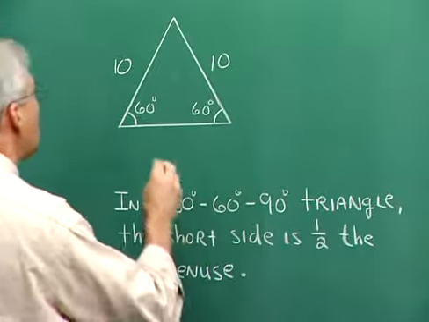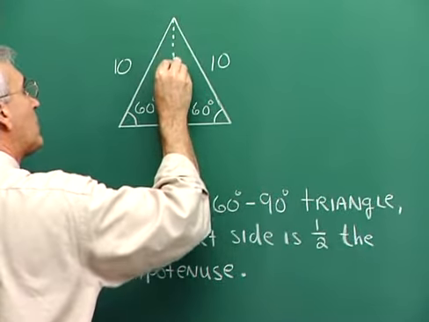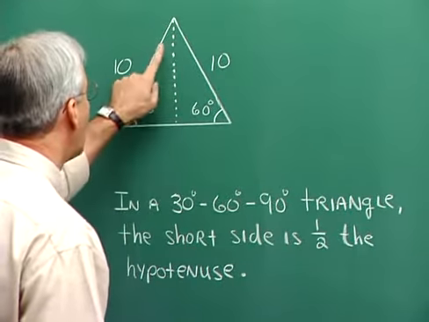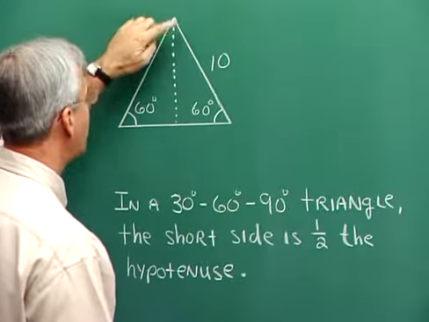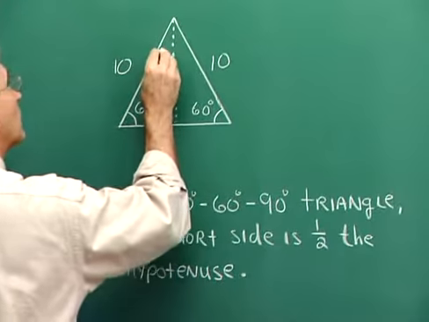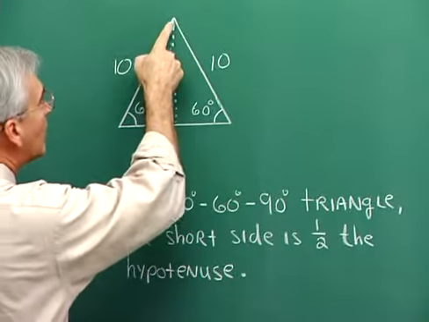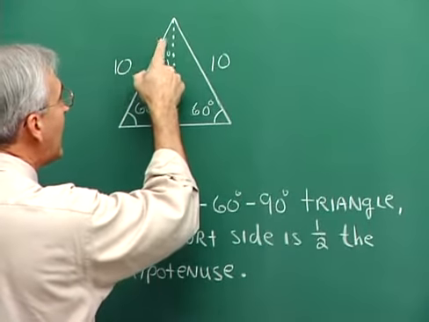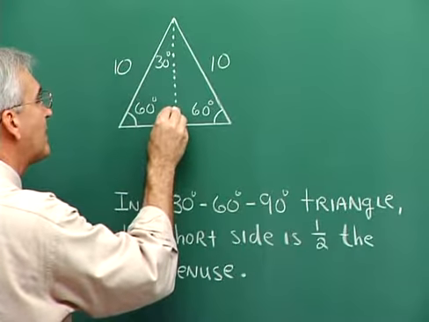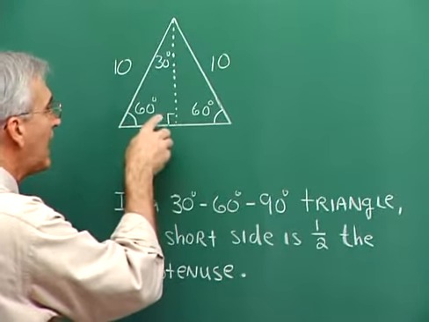But here's what I'm going to do. I'm going to take this angle up here, and I'm going to divide it into two equal pieces. It's called bisecting. I'm going to bisect that angle. Now, if the overall angle was 60 degrees and I divide it into two equal parts, then each of these little angles up here is 30 degrees. Now, it turns out that in bisecting this angle, when I extend this segment down to this side, it'll intersect this base of the triangle with a right angle.